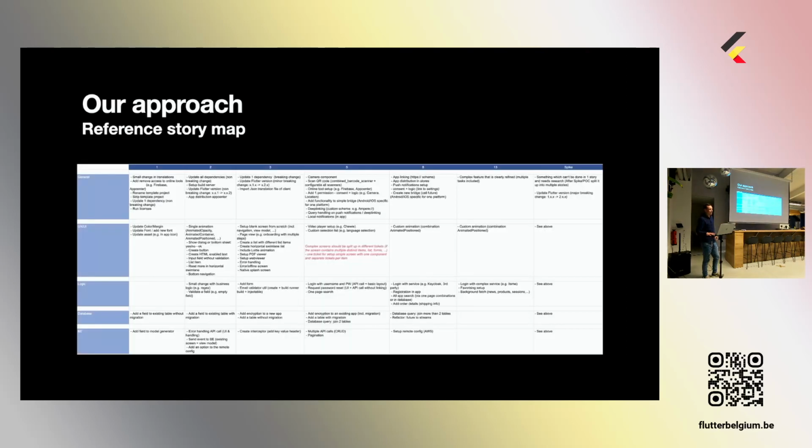To help our team estimating user stories, we drafted a reference story map. A reference story map is just a collection of functionalities or user stories which already occurred a couple of times in previous projects and which we use as a base when estimating new functionalities.